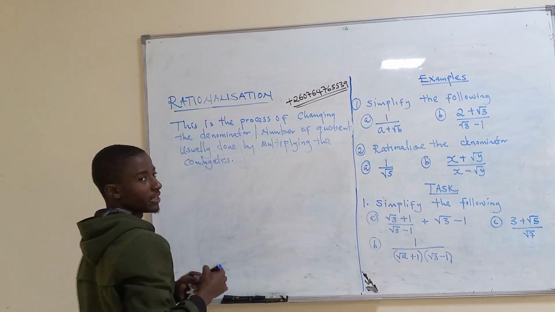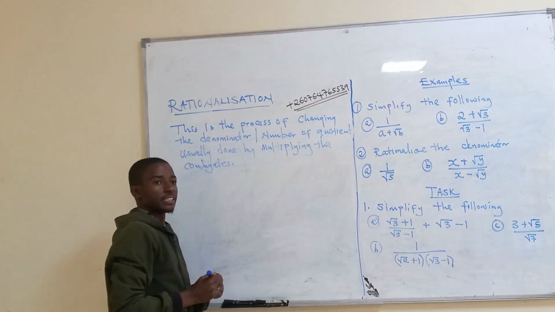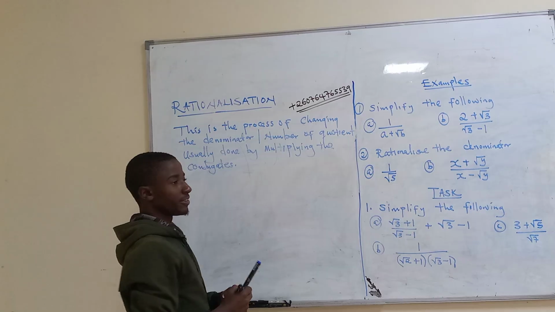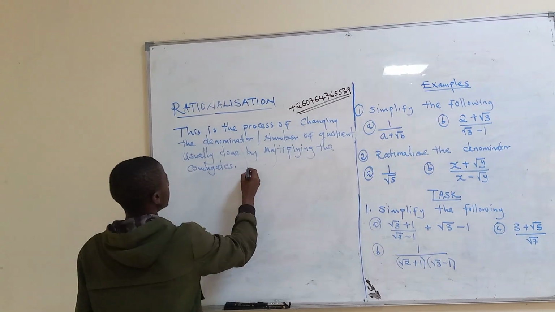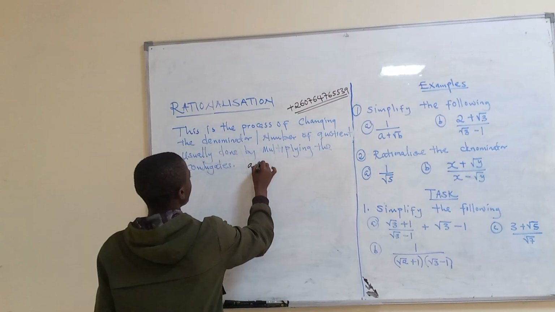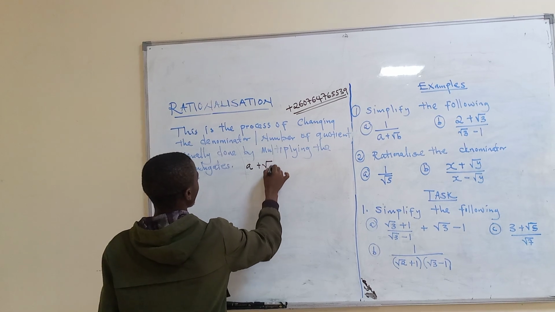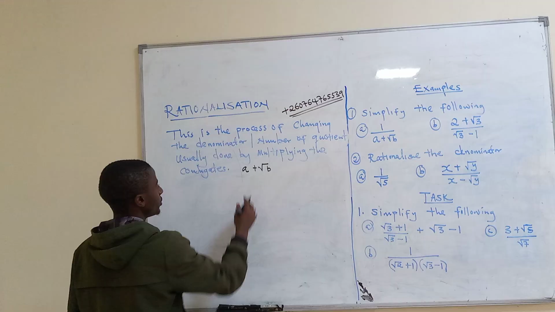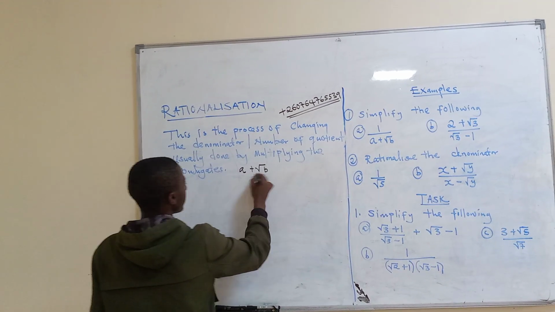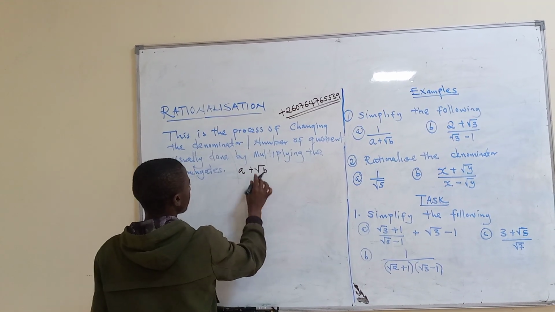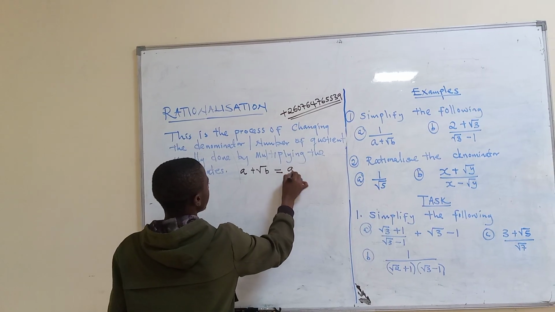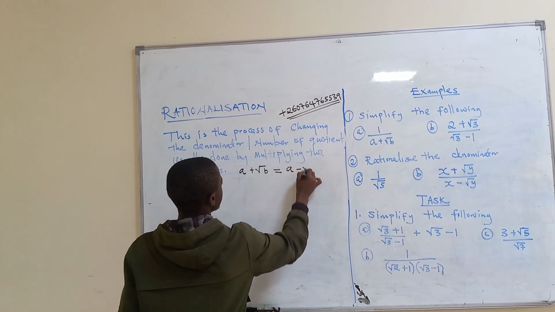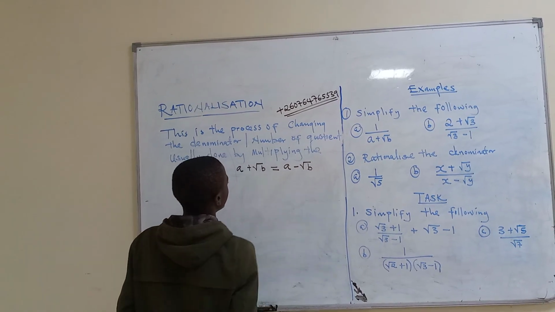So what does it mean? What you should understand is that when you are having a plus square root of b, the conjugate of this simply means that you change the sign. So the conjugate of a plus square root of b is a minus square root of b.